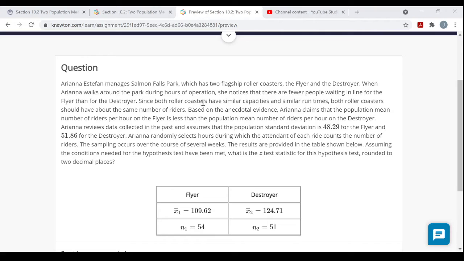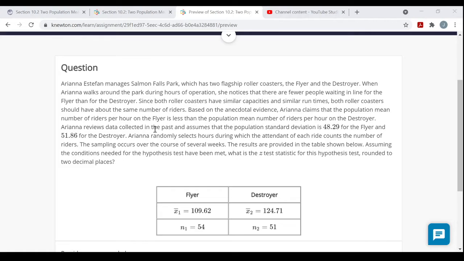Since both roller coasters have similar capacities and similar run times, both should have about the same number of riders. Based on the anecdotal evidence, Ariana claims that the population mean number of riders per hour on the Flyer is less than the population mean number of riders per hour on the Destroyer.